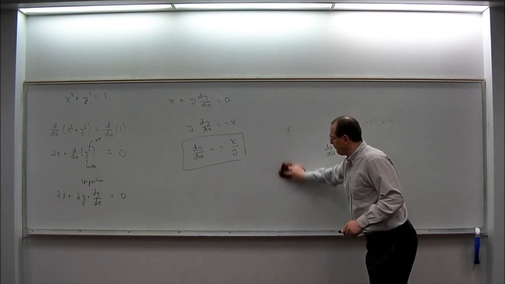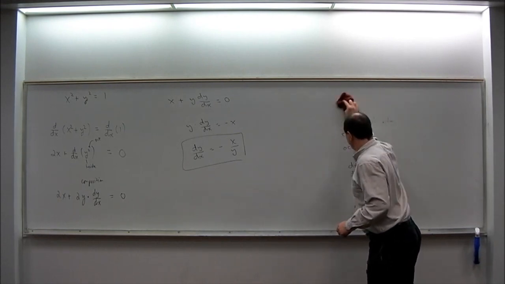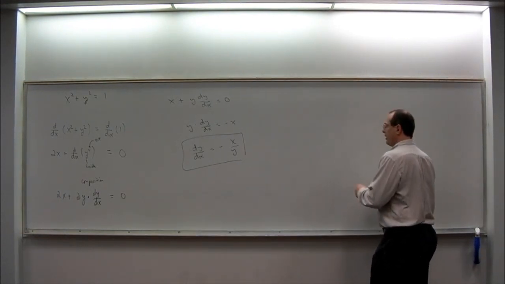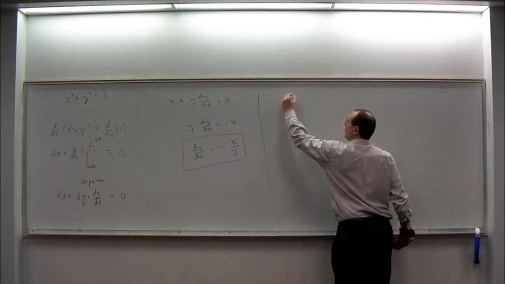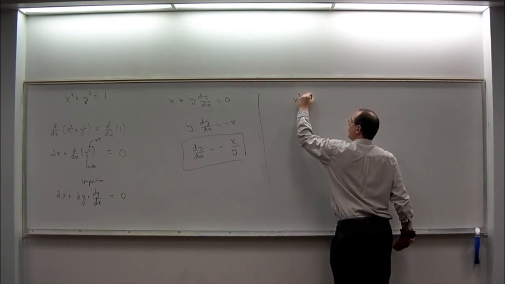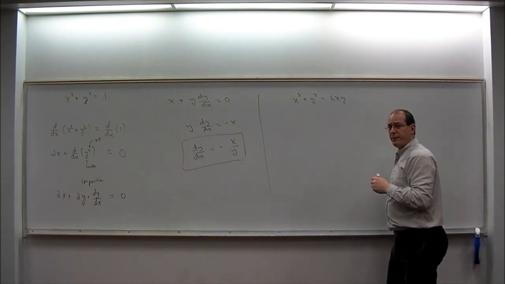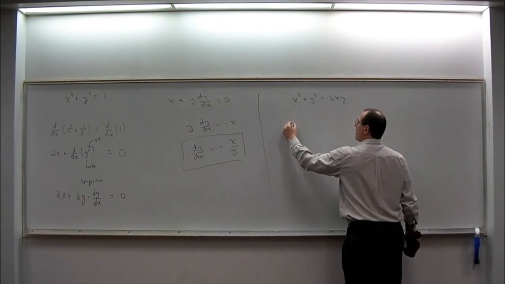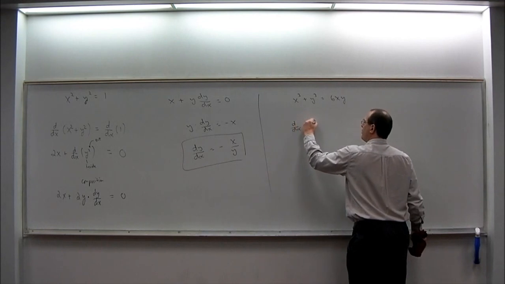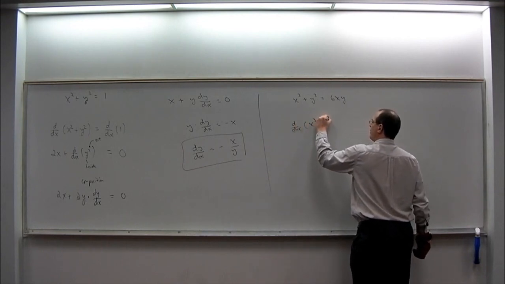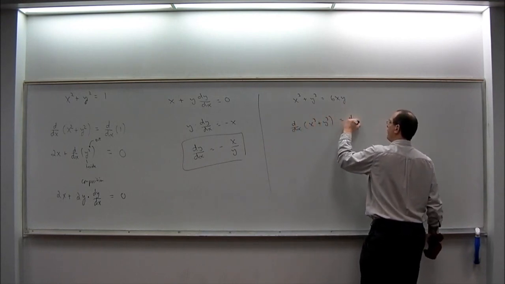Okay, let's take a look at the folium of Descartes. The equation for the folium of Descartes was x cubed plus y cubed equals 6xy. So we assume that y is a function of x, and then we take the derivative of both sides.